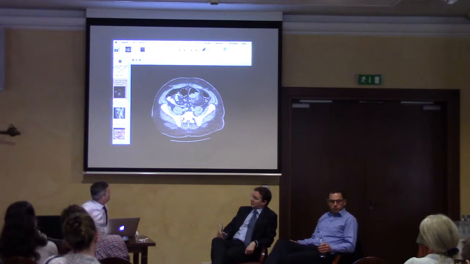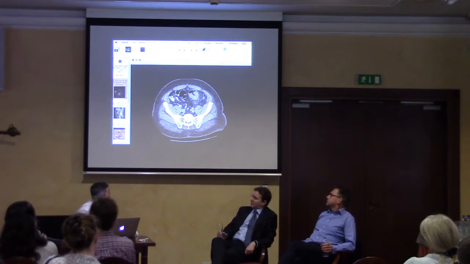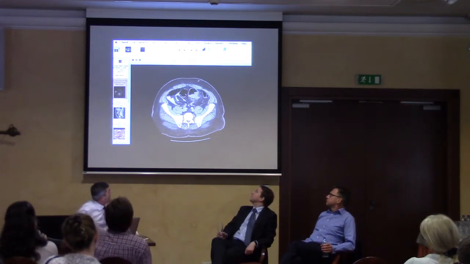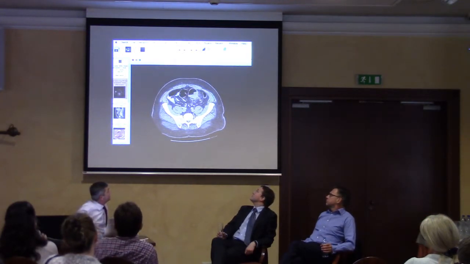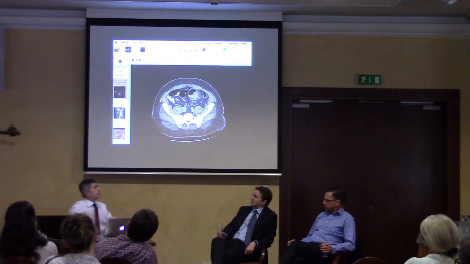I think also in this patient, some of the extension is following the vascular plane, and so I'm going to state this as EMVI positive or EMVI2, because it's macroscopic, not microscopic.